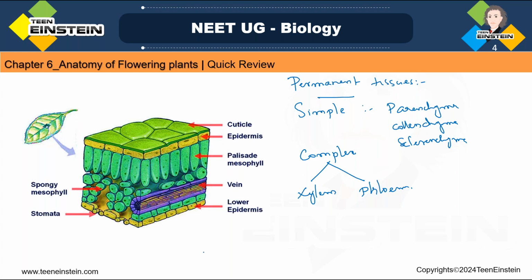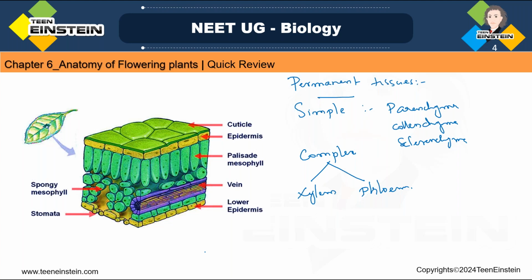Then the tissue systems in plants, they are performing some general functions, and these tissues you can classify into epidermal tissue system, ground tissue system, and vascular tissue system. Right. Epidermal tissue system means the outermost covering.